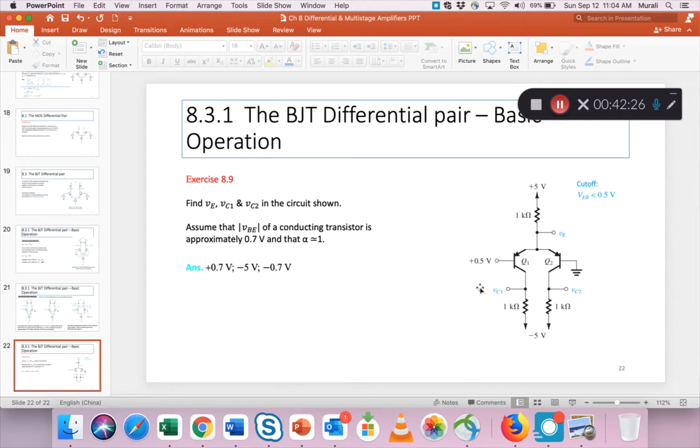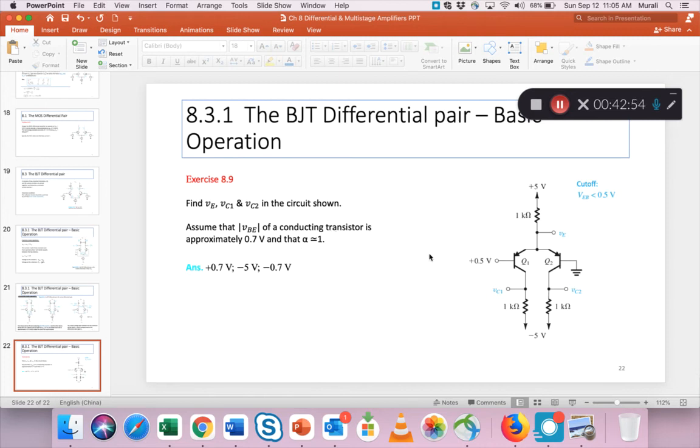The circuit is shown. We need to find V at this emitter, and then VC1 and VC2, which are these two voltages. Now a conducting transistor has a drop across the base emitter junction of 0.7 volts, and we can assume alpha is approximately 1.